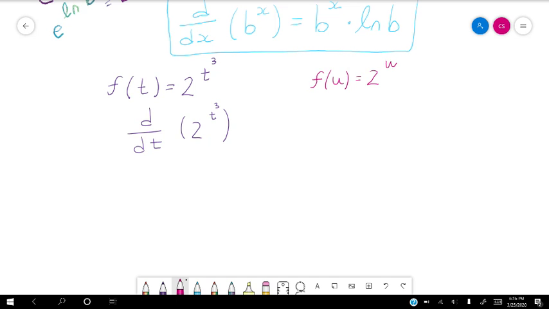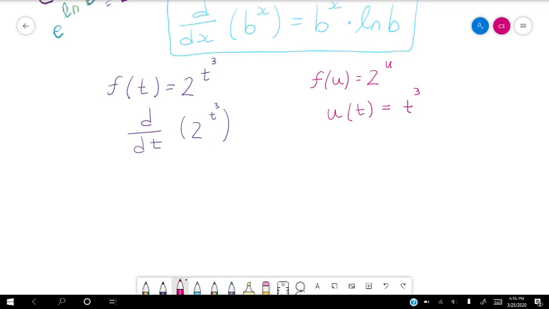So let's call the outside function 2 to the u, and then our inside function, which is a function of t, is t cubed. We take our u function t cubed and plug it in for the u. And that's what we're going to be taking the derivative of.